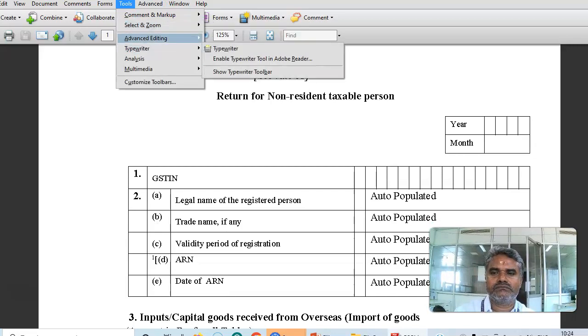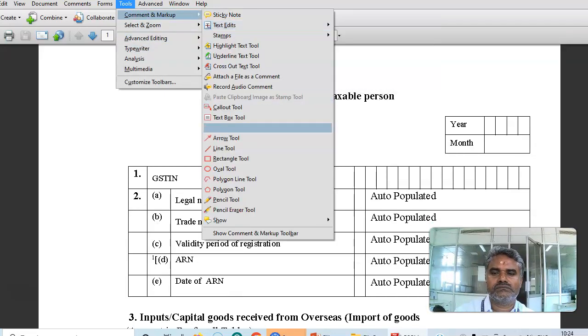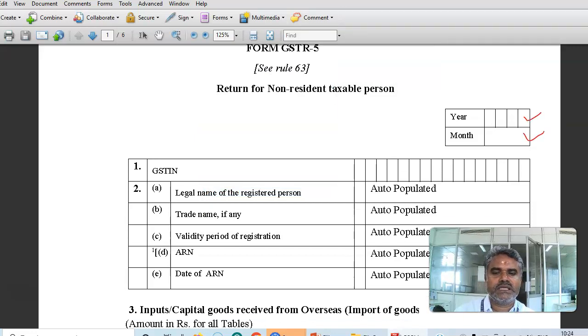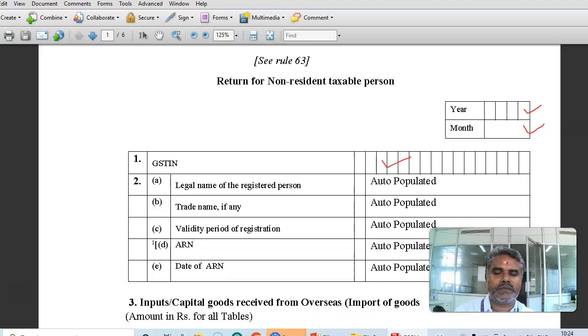Here you have to write the year and month, GST number. They are auto-populated because you already filed GSTR 1, 2, everything. So once you have filed the previous returns, the information will be auto-populated here. You need not enter it again and again.